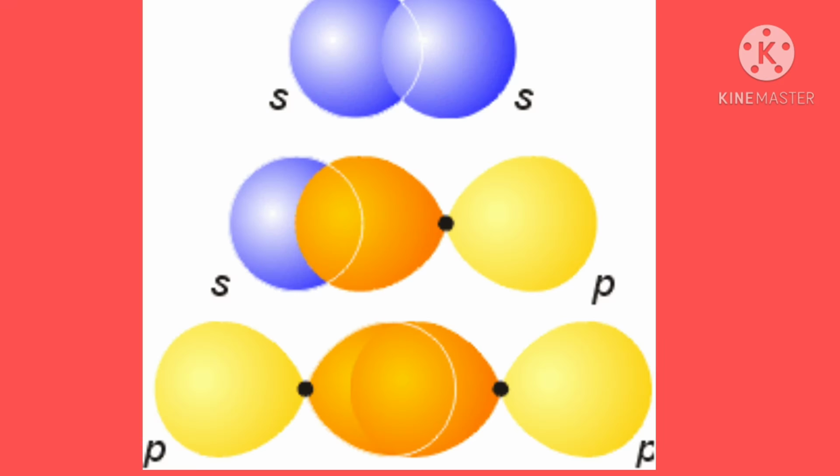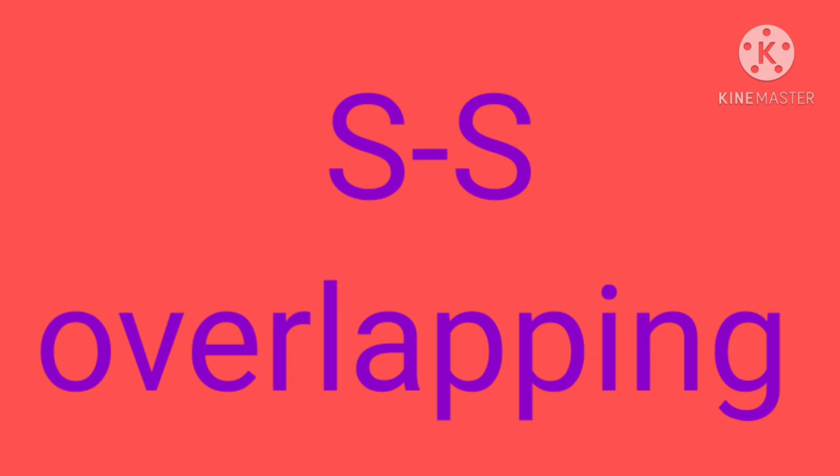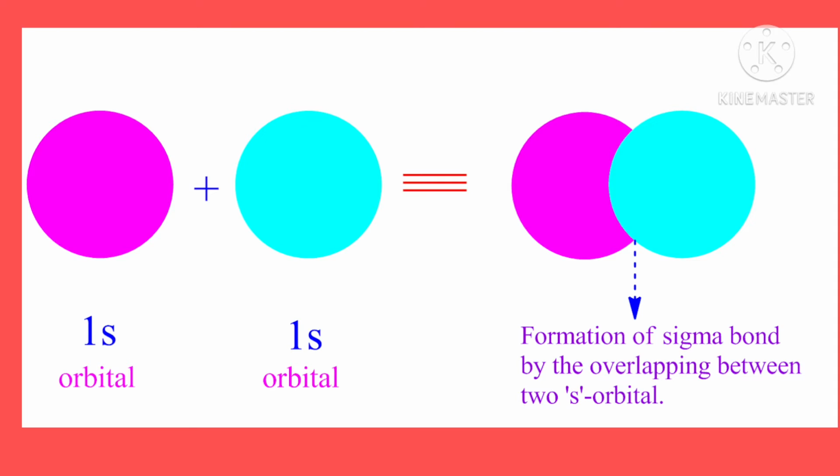Let us see how the orbitals will overlap with each other. As they move closer and closer together, overlap begins to occur, and a bond begins to form. Let us see ss overlapping. Example, hydrogen. In hydrogen, there is only one electron, present in the 1s orbital.